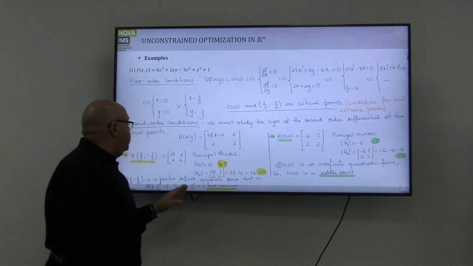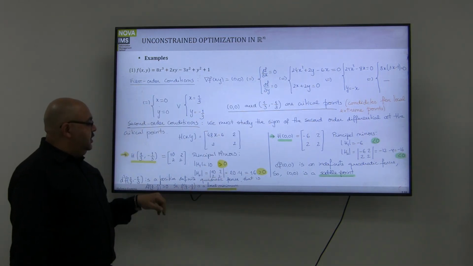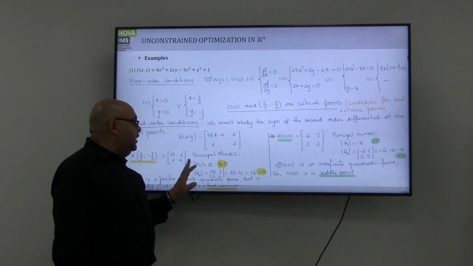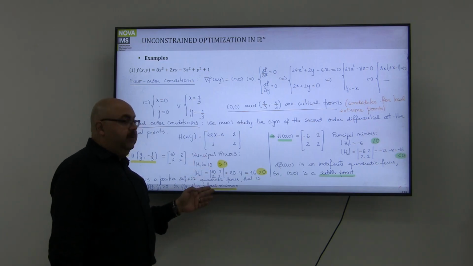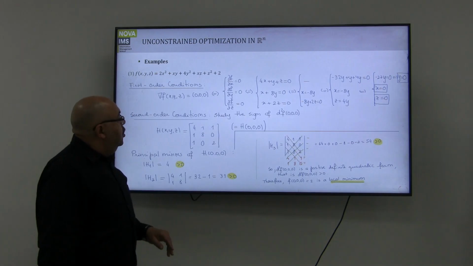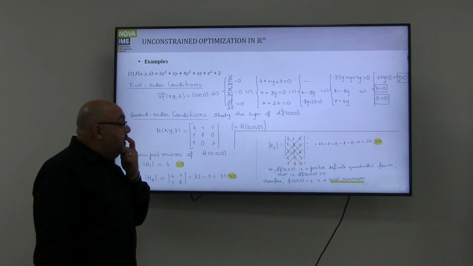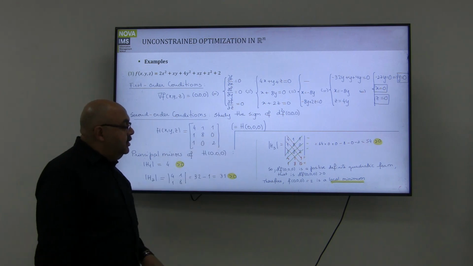If I make the substitution at 1/3 and negative 1/3, the first H1 is greater than 0. The second is greater than 0, so it's positive definite, so I have a local minimum, as you can see. Also, you have another problem, exactly the same, just evaluate using the determinants in order to find delta 1, delta 2, and delta 3.